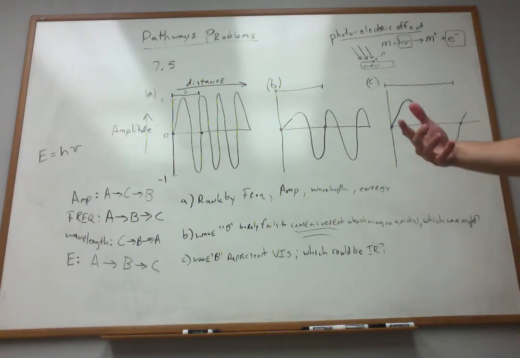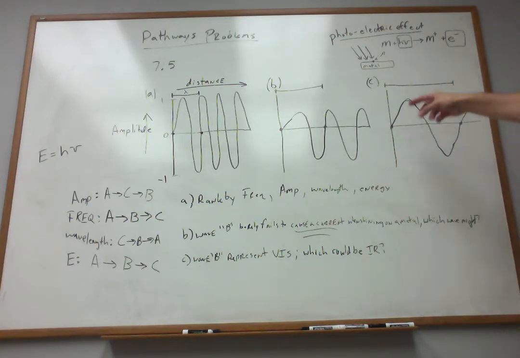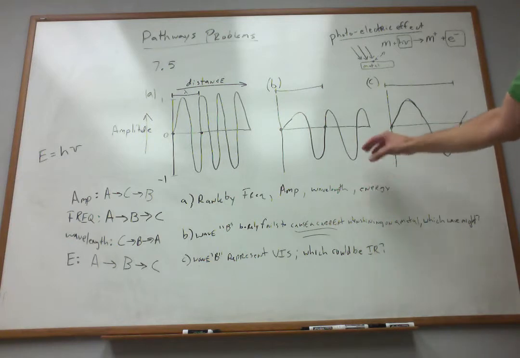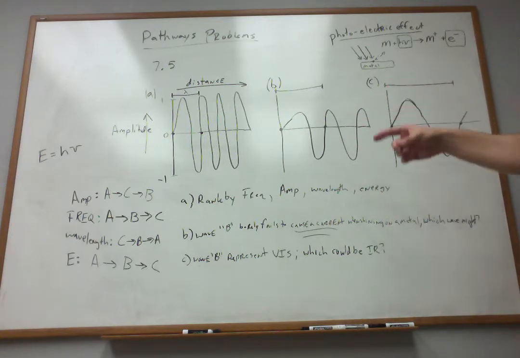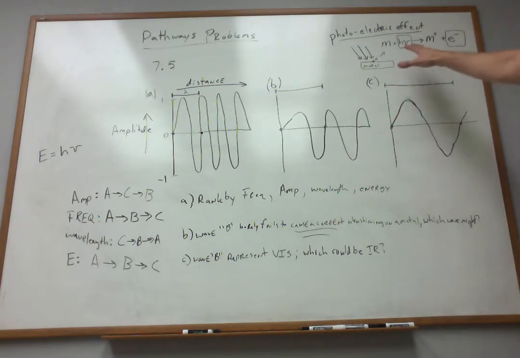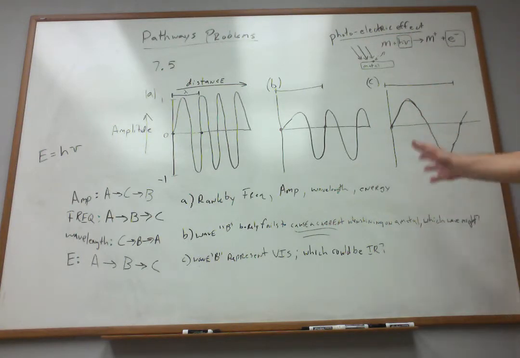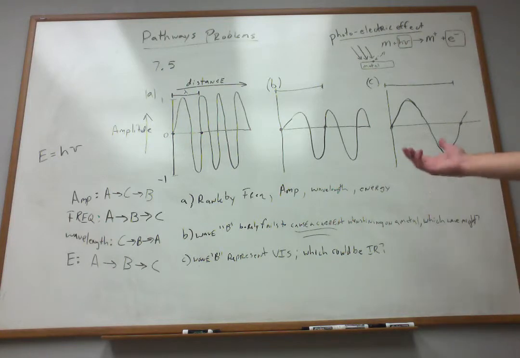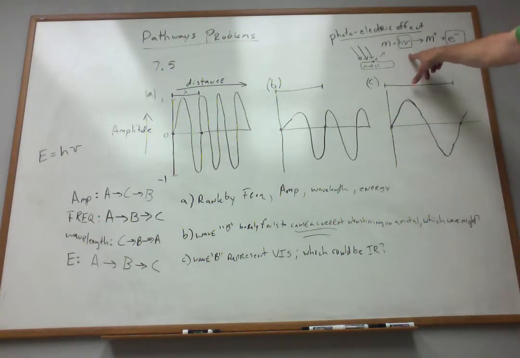It's basically causing a current in a wire. We can measure that, and that tells us that this reaction, this photoelectric effect, is happening. So in part B, they're telling us that this wave is barely insufficient energy to make this happen, okay? When the light shines on a metal. So which of the other waves might cause the photoelectric effect to occur? Okay, so now we understand a little bit more. We should pick the one that has higher energy packets.